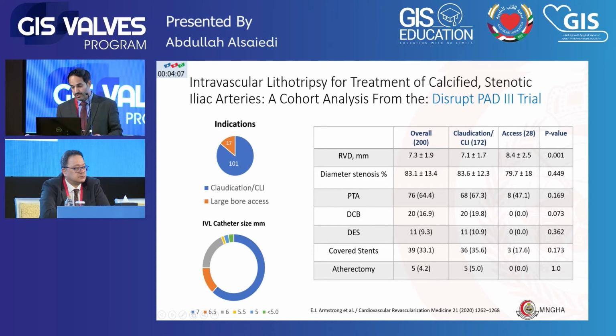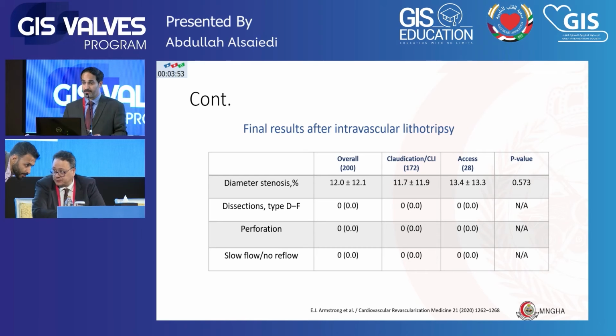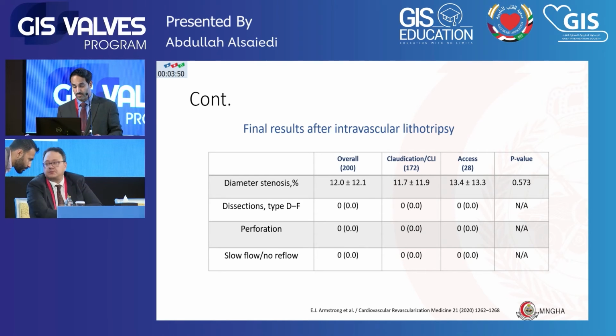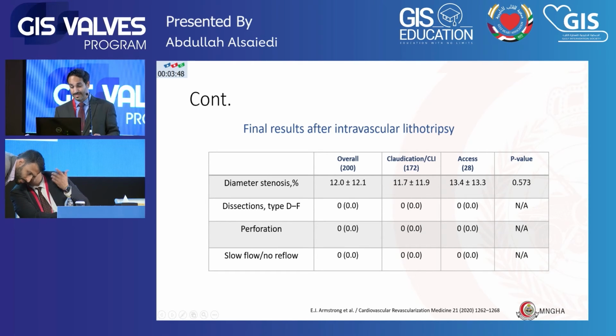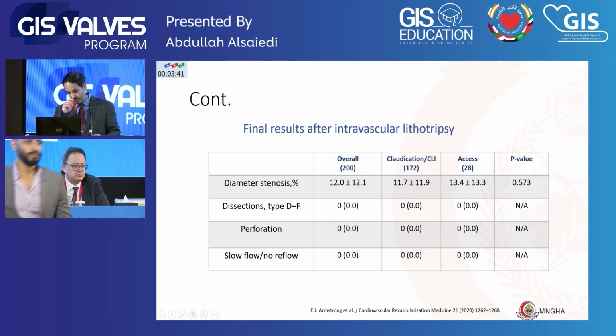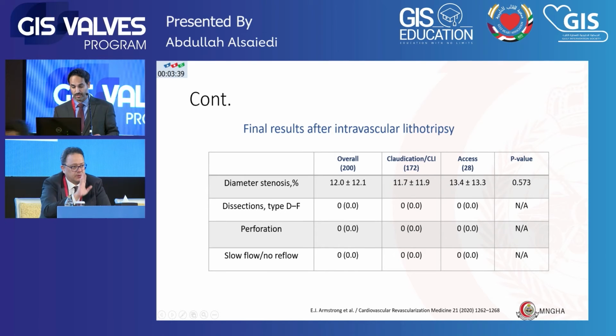As you can appreciate, DCB and drug-eluting stent were used only in patients with claudication. Covered stents were used in around 36 lesions, and in around 3 lesions in patients for access. More importantly, looking at the final results after intravascular lithotripsy, there was immediately a significant reduction in stenosis from around 80% to 12%. And you can appreciate the safety profile here: severe dissection and perforation were 0 in this cohort analysis.